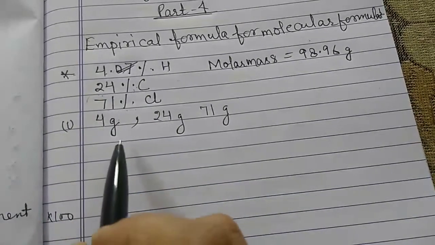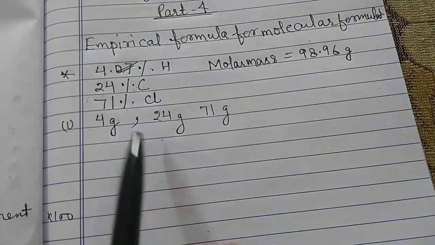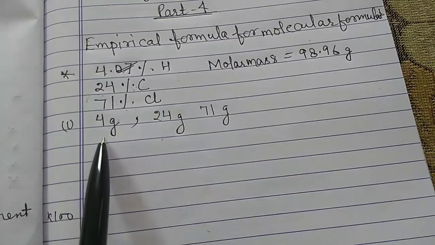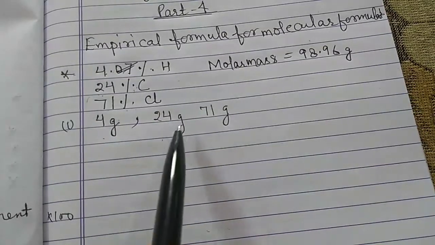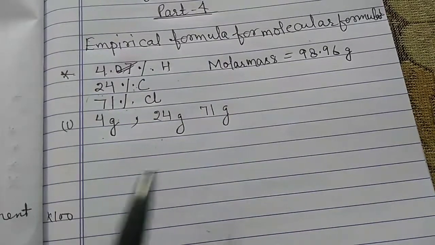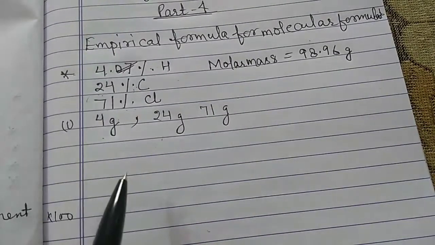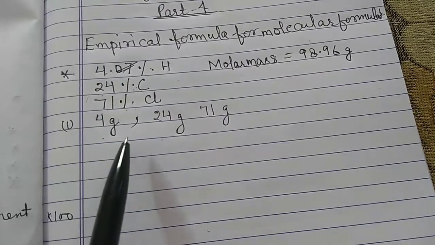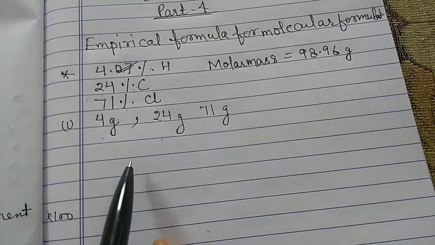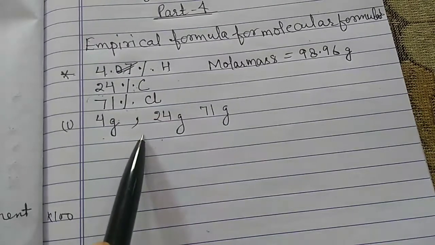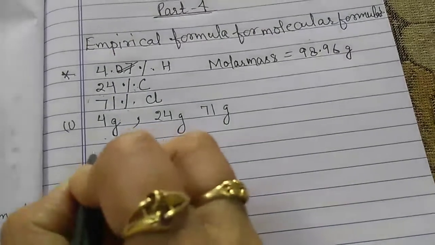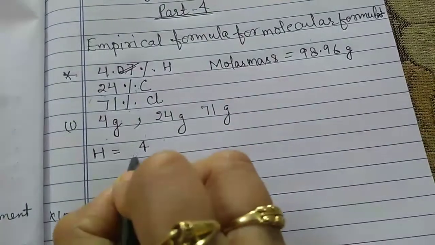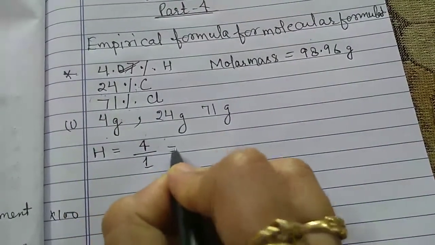Now the second step is to convert into the number of moles of each element. We all know there is a formula to find the number of moles: the given mass upon the atomic mass. So for hydrogen the given mass is 4, atomic mass is 1, so it is 4.